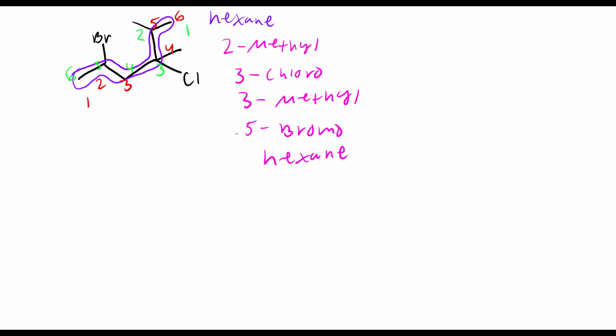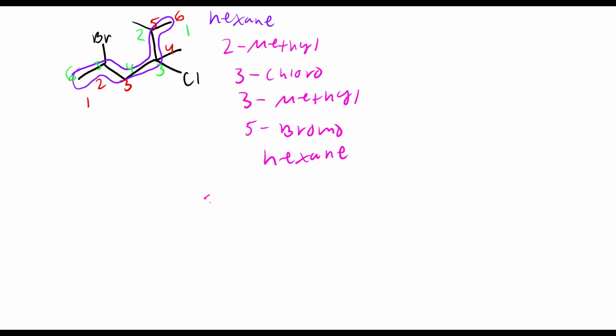So now that you listed everything in the molecule, let's bring this all together into our boiling pot, and we're going to make some soup. We're going to make a name. Okay, so what's the first thing that I do? Well, I'm gonna sort it. I'm gonna organize this in alphabetical order first. So I'm gonna have chloro before methyl, but I'm gonna have bromo before chloro because B comes before C, right?